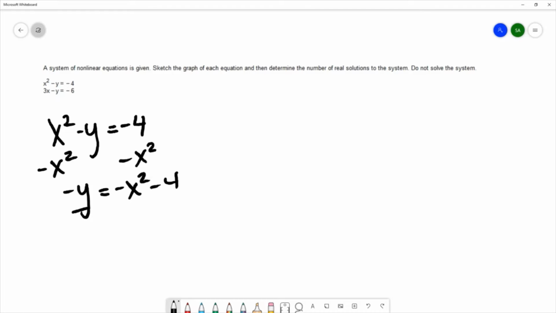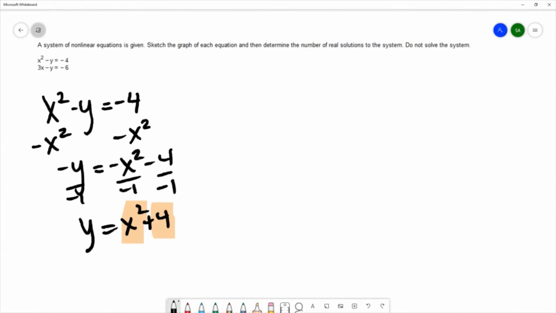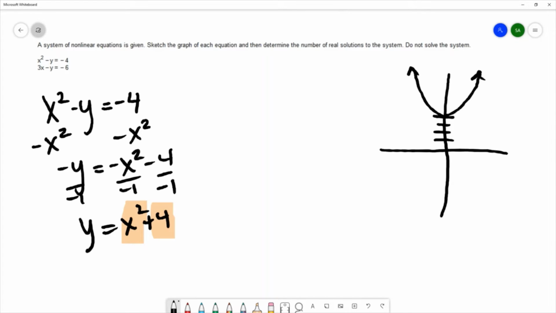And then I can divide each term by -1 to get y equals x squared plus 4. So my first equation will have a graph of x squared shifted up by 4. So I'm going to sketch that picture over here. We have a picture that looks like this.